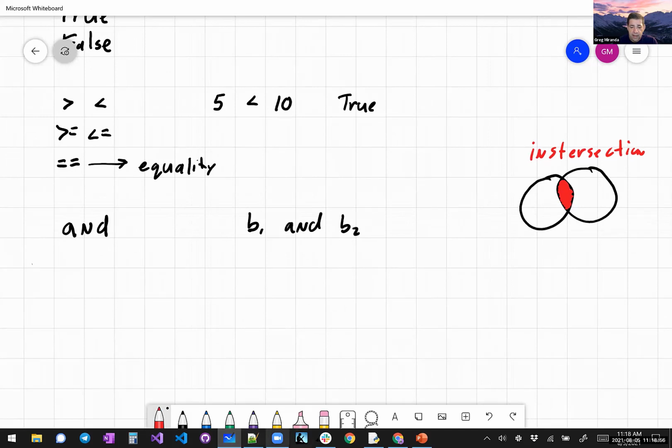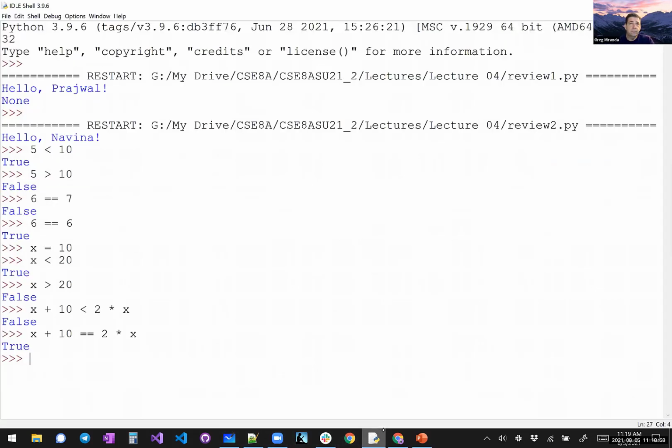If we look at IDLE, now we can write something more complicated. X greater than 0 and x less than 20. We know x is 10. So 10 greater than 0, true. 10 less than 20, also true. True and true is true. All right, that's good. What if we change x to be some really large number?